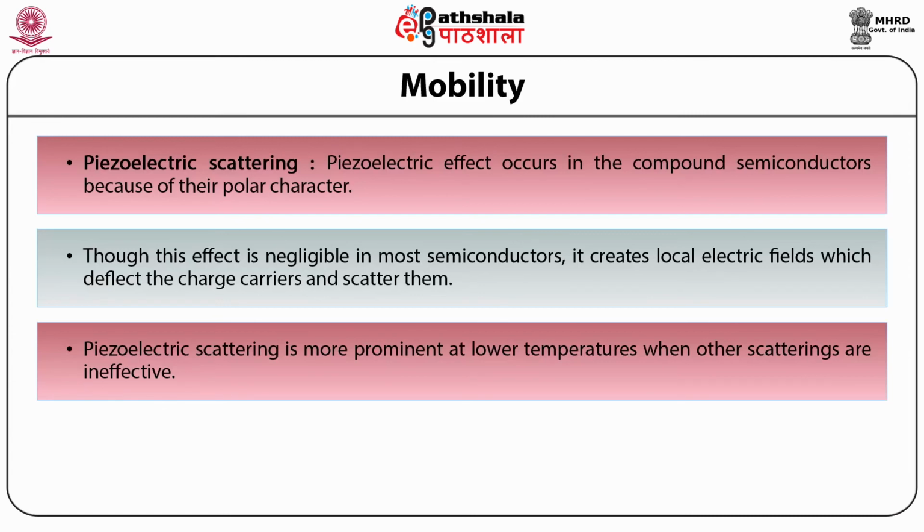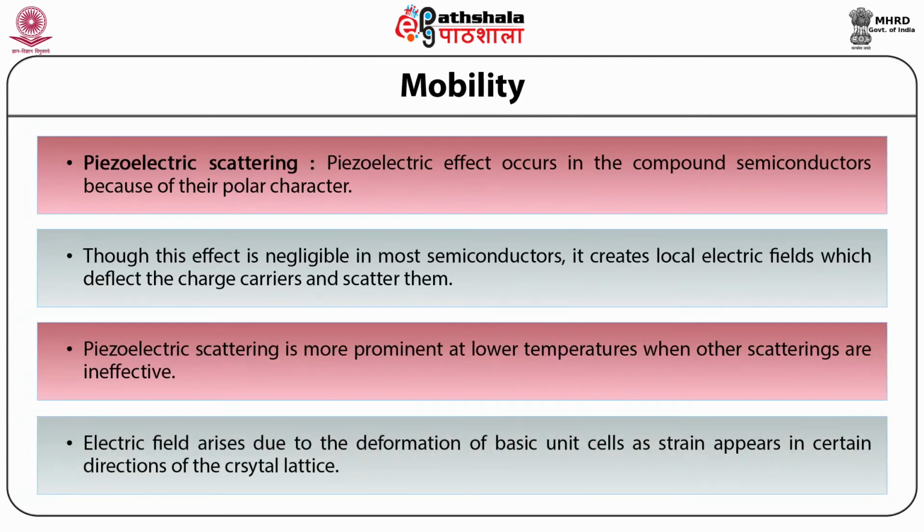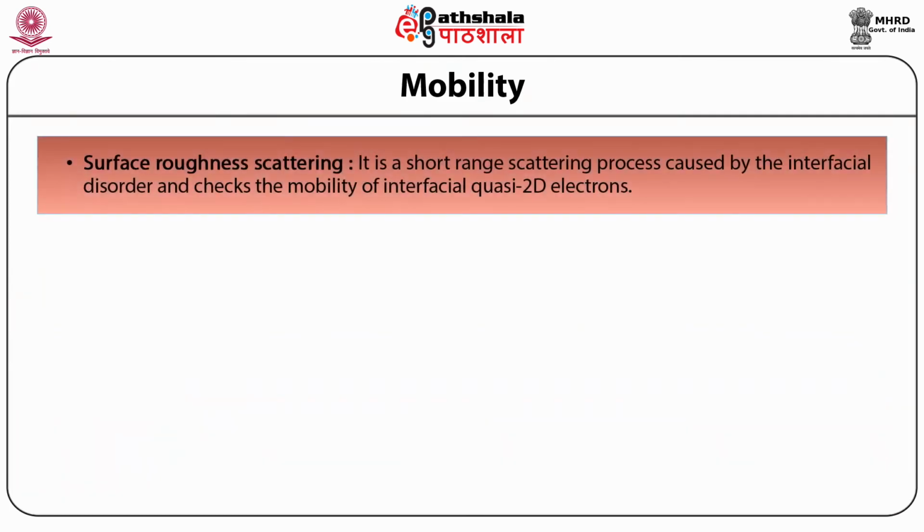Piezoelectric scattering is more predominant at lower temperature when other scatterings are ineffective. The electric field arises due to the deformation of basic unit cells as strain appears in certain directions of the crystal lattice. Next is surface roughness scattering.